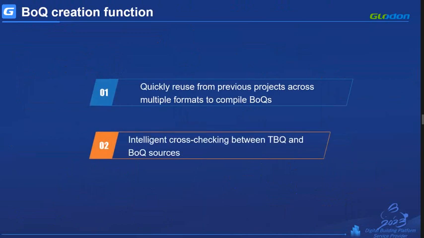So first, the BOQ preparation. In TBQ, you can quickly reuse data from previous projects across multiple formats to compile the BOQs. And it can also do intelligent cross-checking between the TBQ and other sources.